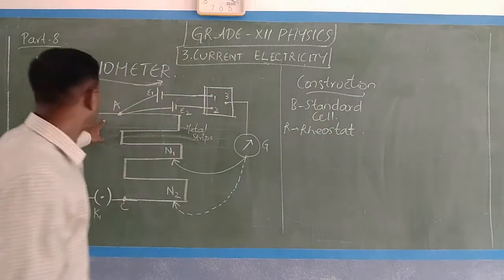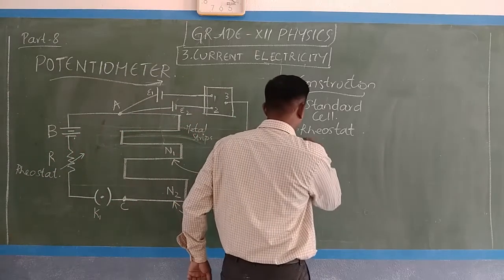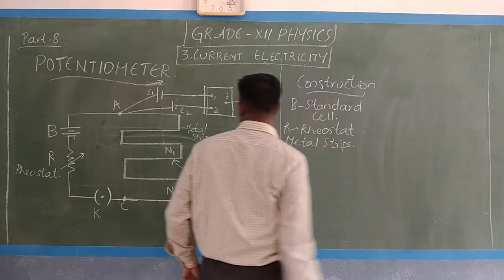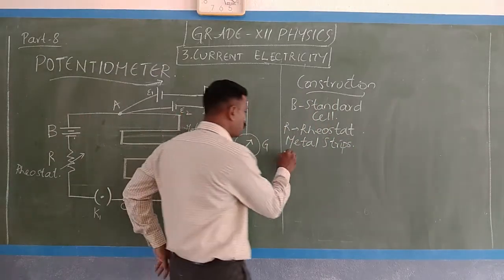Then we have metal strips. Then we have two cells, E1 and E2.